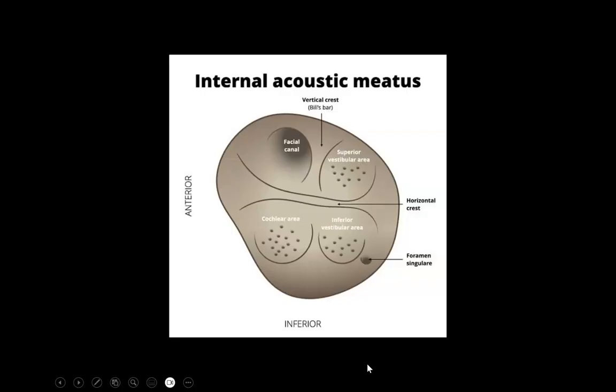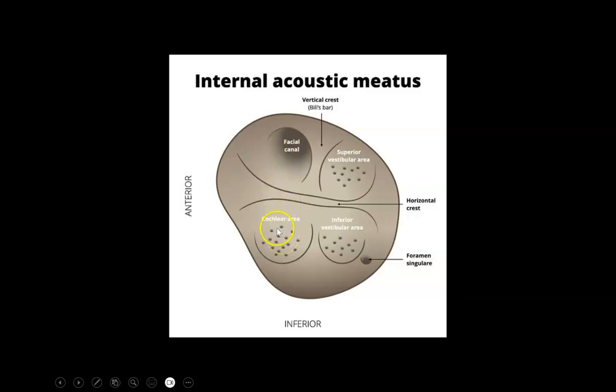So the internal auditory canal, we talked about it with the 7th and 8th cranial nerves, and it is formed of 4 compartments, 2 posterior and 2 anterior, divided into upper and lower parts by the transverse crest or horizontal crest. And we have anteriorly the facial nerve 7 up and the cochlear nerve below, Coca-Cola.